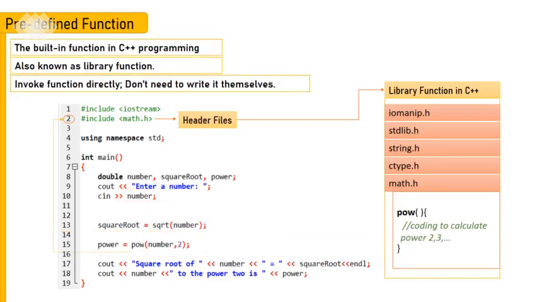Second example is pow. Pow in line 15 will call the predefined function pow in the library function through the header file of math.h.